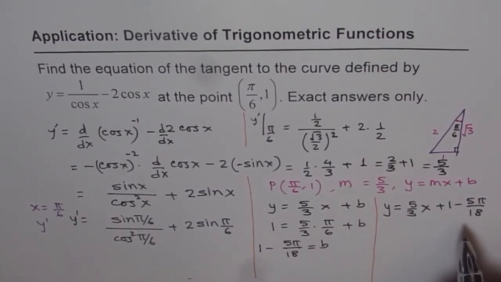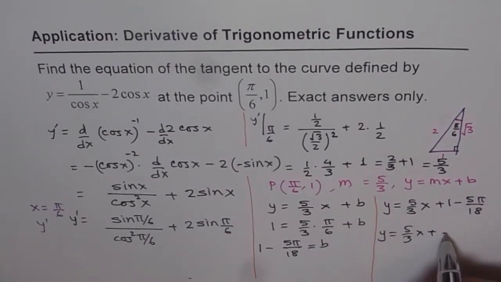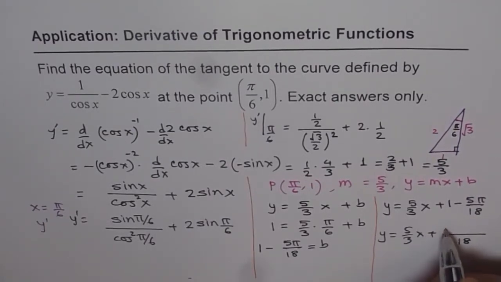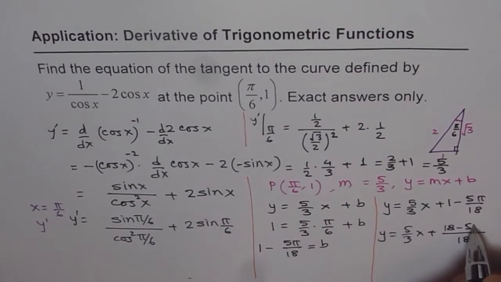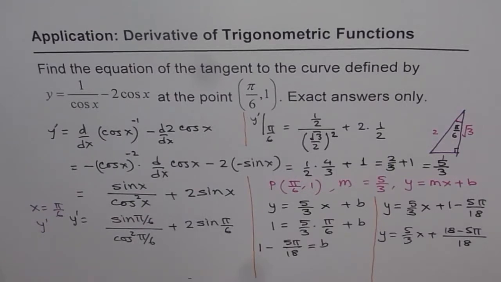For us, at most we'll take a common denominator of 18 and write 5 over 3 x plus (18 minus 5 pi) over 18. That is our answer, the equation of the tangent line to the curve y equals 1 over cos x minus 2 cos x at the point pi over 6 comma 1.